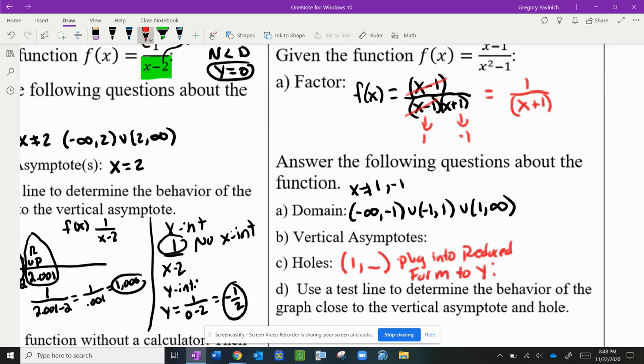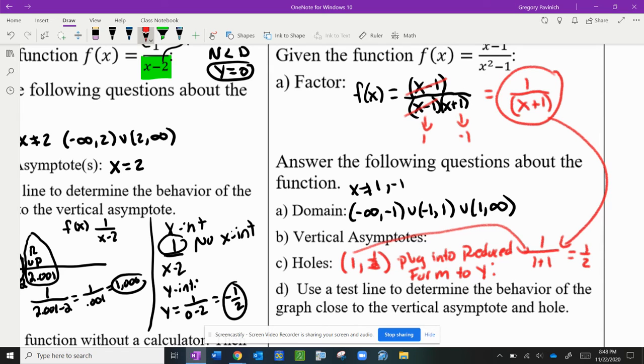So when it reduces out, no longer does it show up as a pointed discontinuity. So when I plug my 1 in to this function, I get my output. That's where this hole occurs.